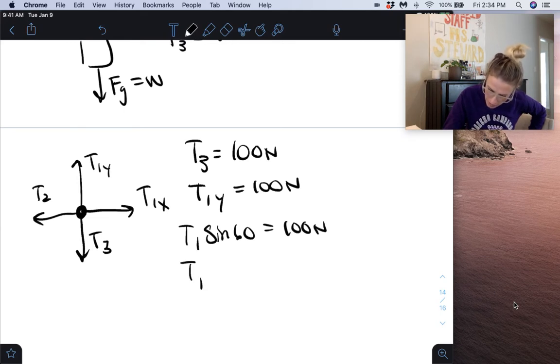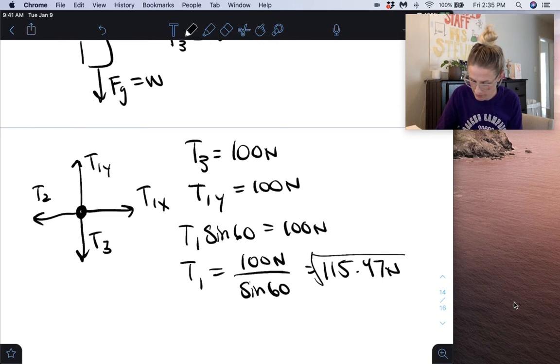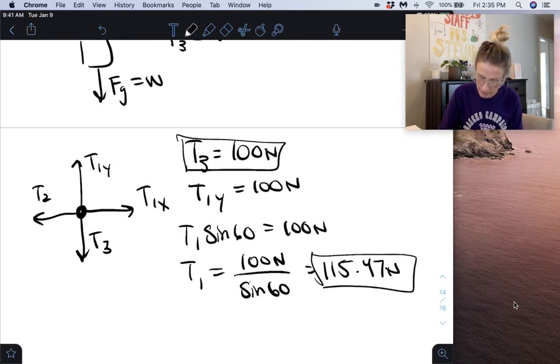That tells us T1 is going to be equal to 100 newtons divided by the sine of 60. So 100 divided by sine of 60, we end up getting 115.47 newtons. So that's my T1, and I have T3 already as well.